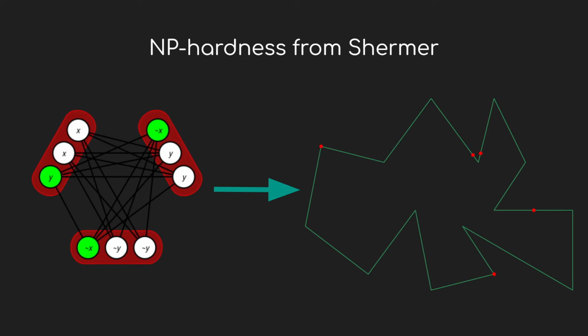For those of you unfamiliar with hardness reductions, you take a known NP hard problem, and you show that if there were a polynomial time algorithm for the given problem that you're trying to prove hardness of, then it would imply a polynomial time algorithm for the known NP hard problem. In this case, we're dealing with 3 satisfiability, which is a classic hardness reduction problem.